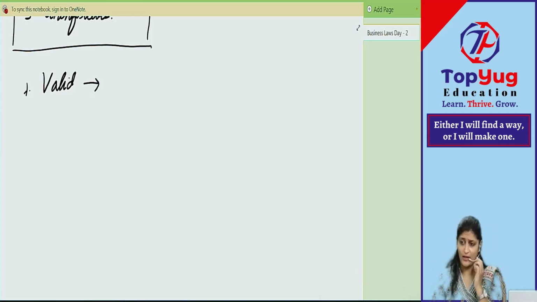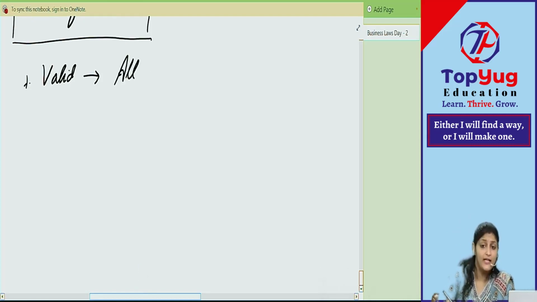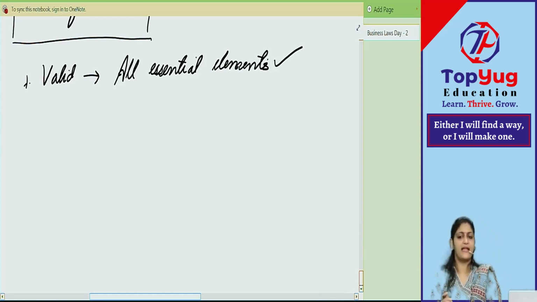So what is to be present? If all the essential elements are present in any contract, it is considered to be a valid contract. Only then is it enforceable, and once it is enforceable, it becomes valid.